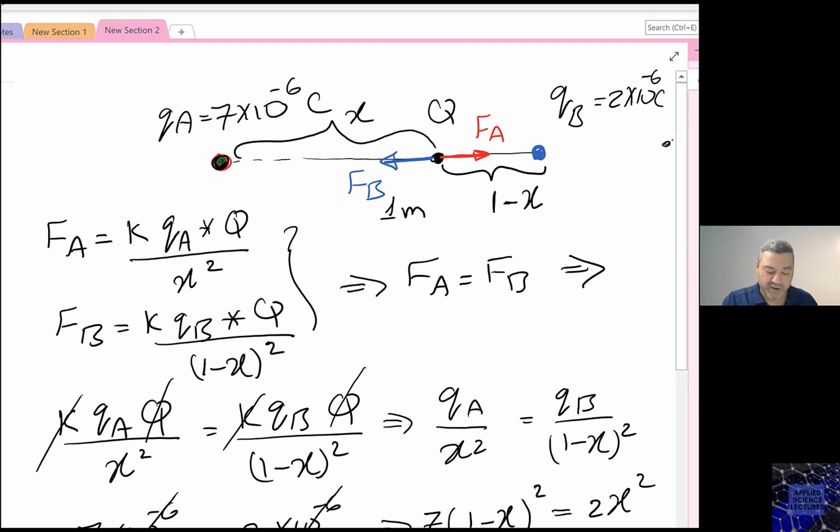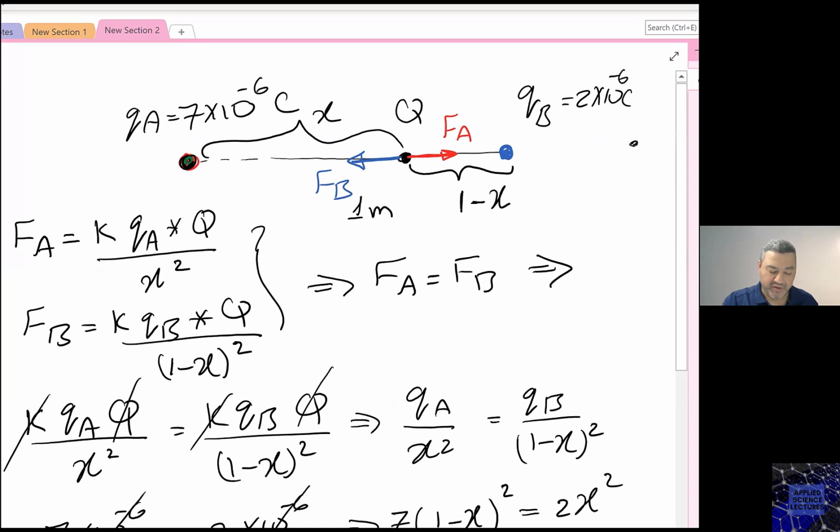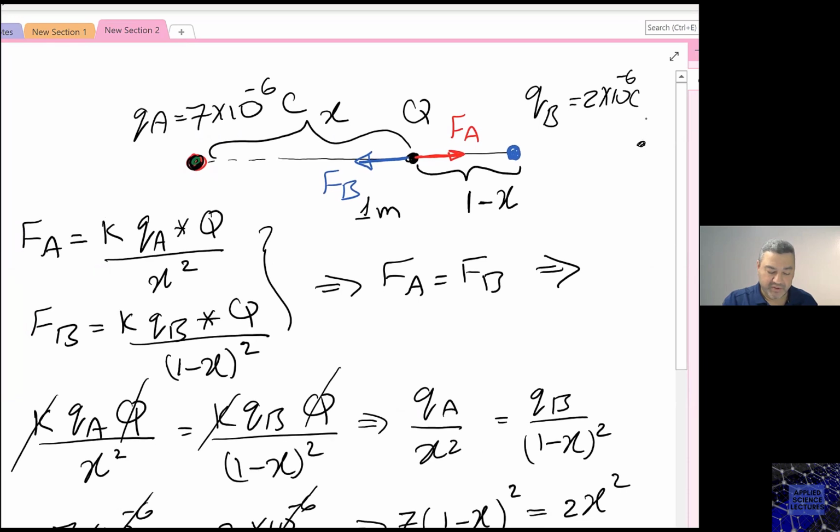Why? Because here in this direction, this is a Q, then FA would be in this direction, and also FB would be in this direction.